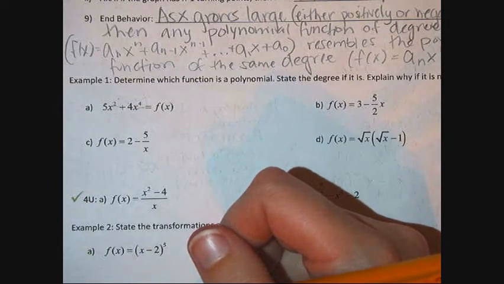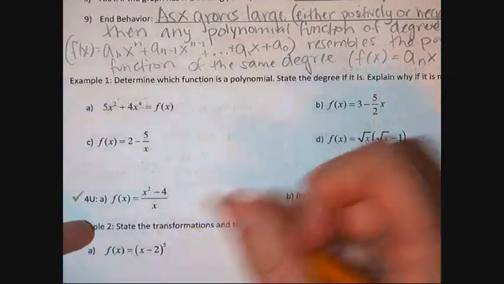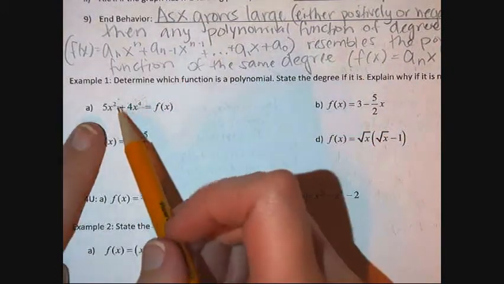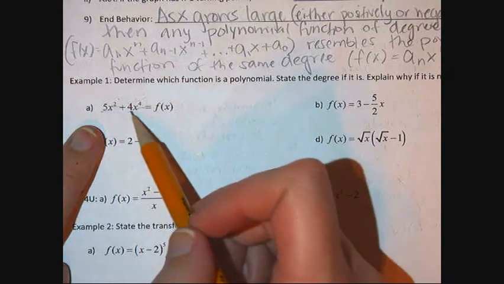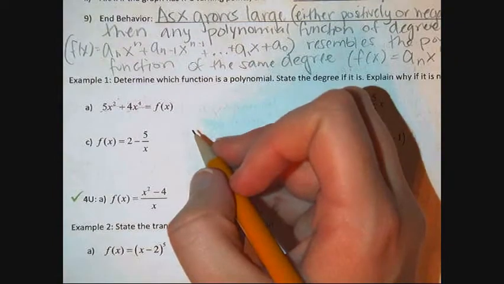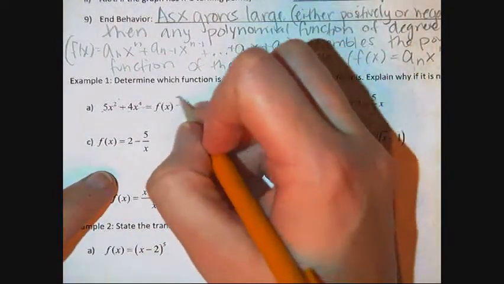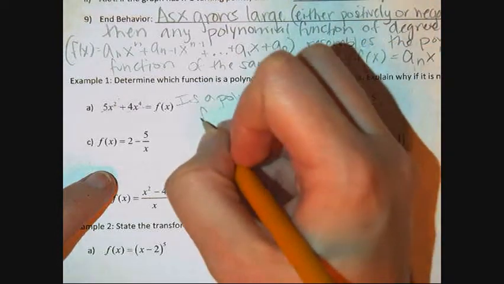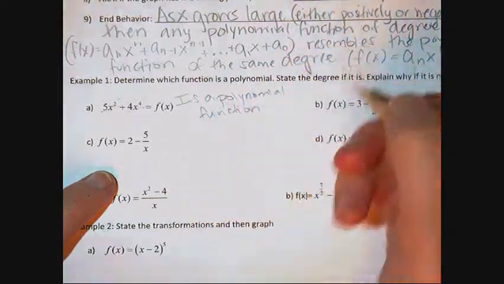Neither of those are fractions or decimals of any sort. They are integers. Okay. Our third criteria was that our coefficients be real numbers. Our coefficients are 5 and 4. Those are both real numbers. So all 3 of our criteria are fit. We would say that this is a polynomial function.